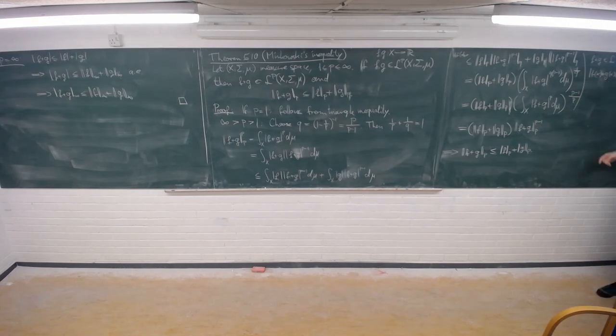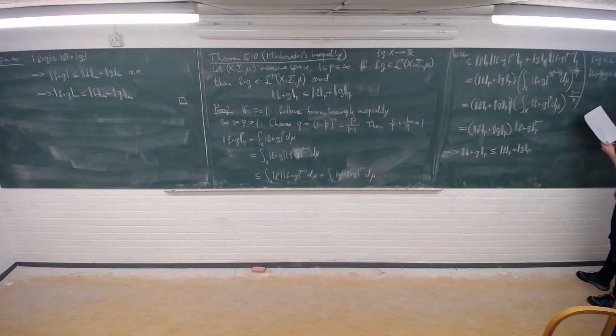If I take the larger of the two and take that twice, then that's going to be larger than f of x plus g of x. So 2 times the maximum of f of x, g of x, to the power p is an upper bound for this.